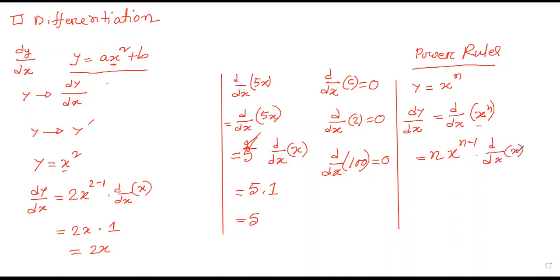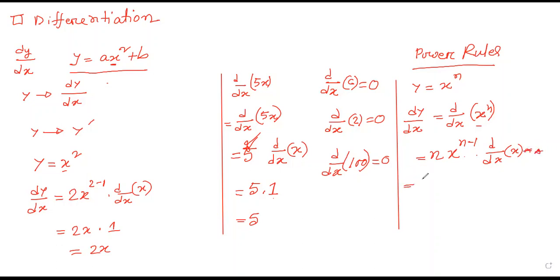This is very important because x will not always be a single x. It can be an expression also. So be careful about the differentiation of the base. Don't stop after just differentiating the power. Always we have to differentiate the base also. So be careful.